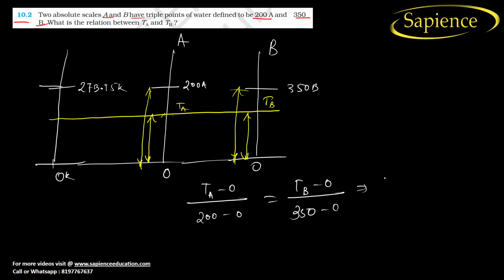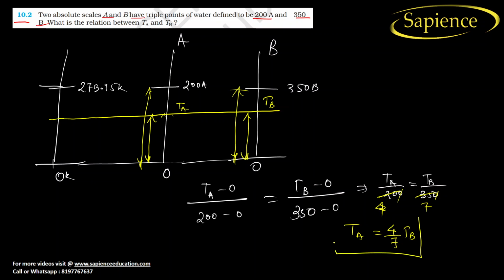So from here we get TA by 200 is equal to TB by 350. Simplifying, 4 by 20, 7 by 35. So finally TA is equal to 4 by 7 TB. So this is the required relationship. I hope you all have understood this.